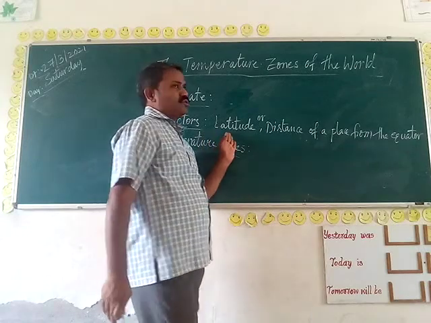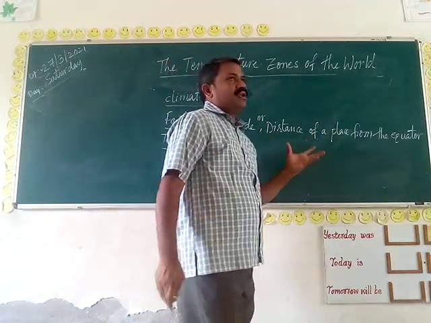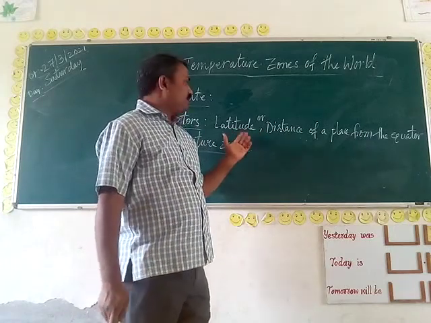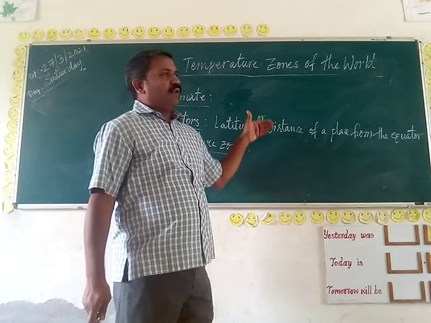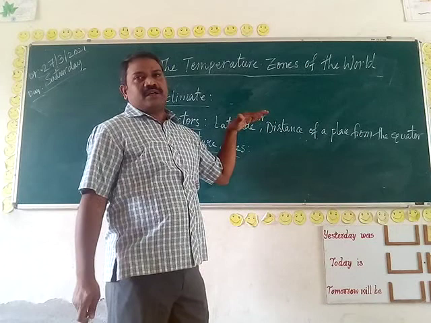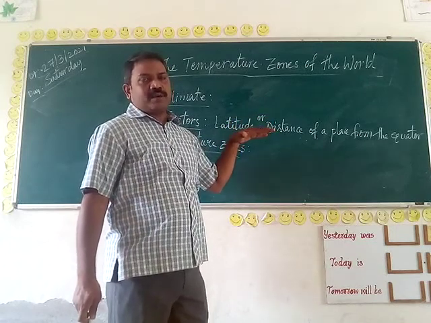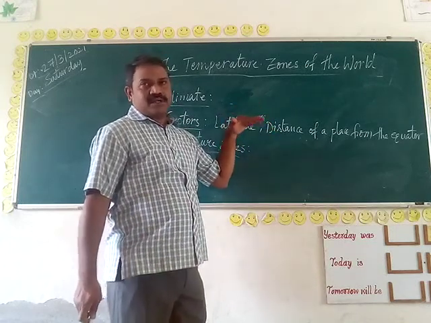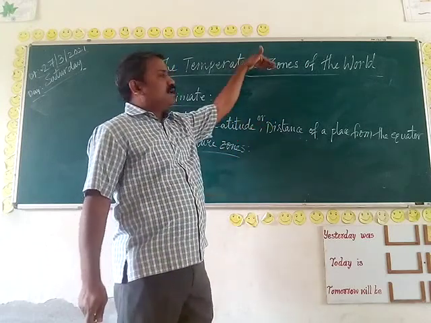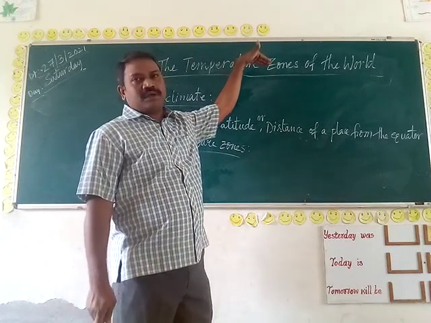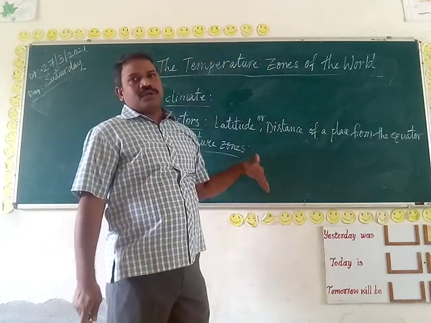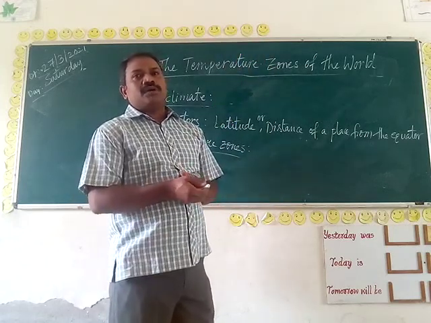If you are close to the equator, then that place will get more heat, and if you go far from the equator, you will have less heat. That means you will get slightly slanting rays of the sun, neither too hot nor too cold. And if you go to the poles, the north pole and south pole, you will have the cold climate.